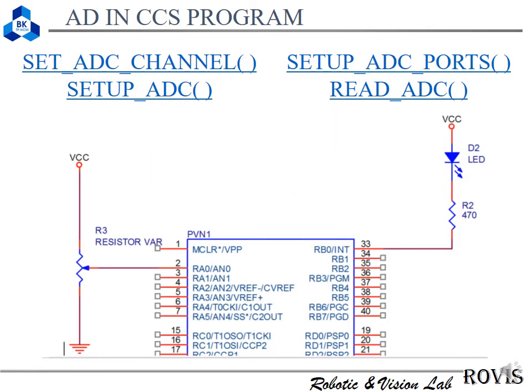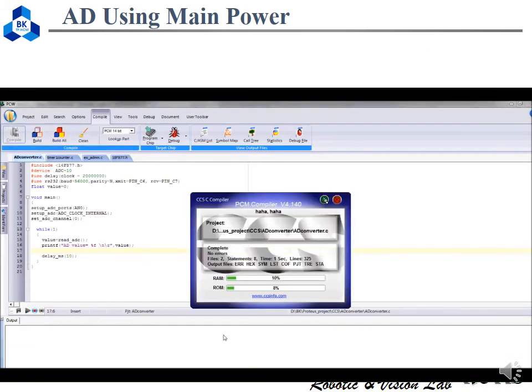And in the CCS compiler, we just need to concentrate on four functions. First is setup ADC ports.